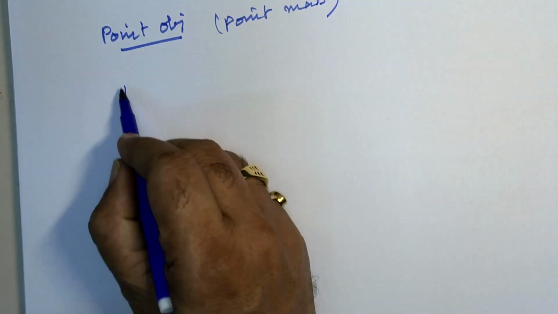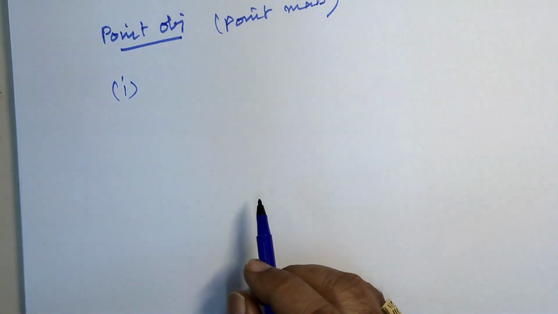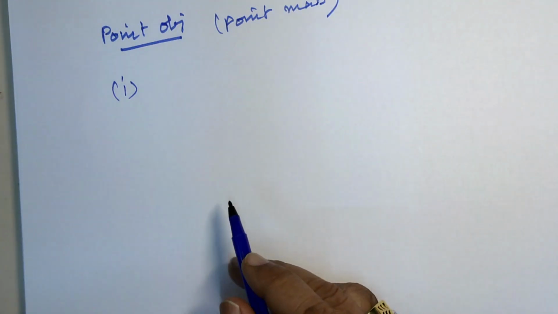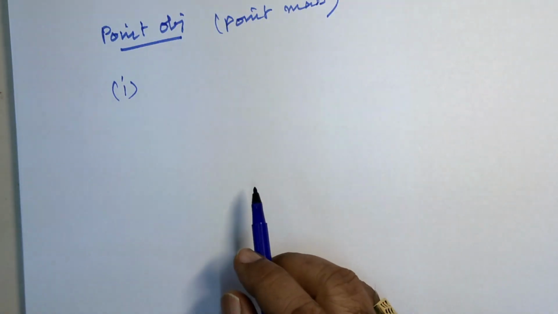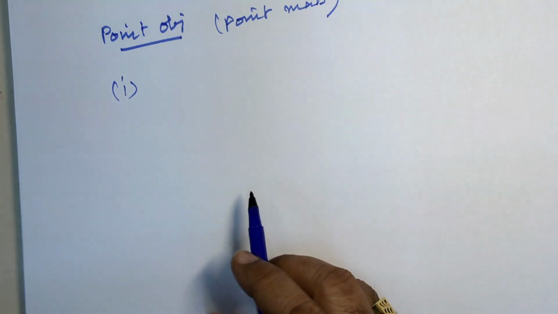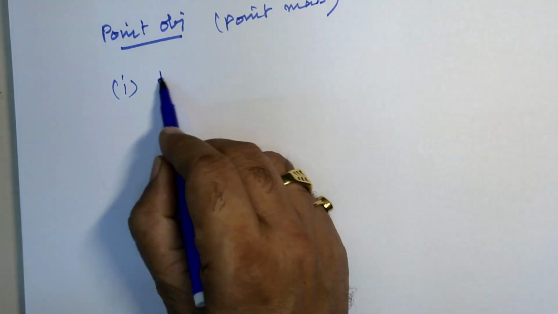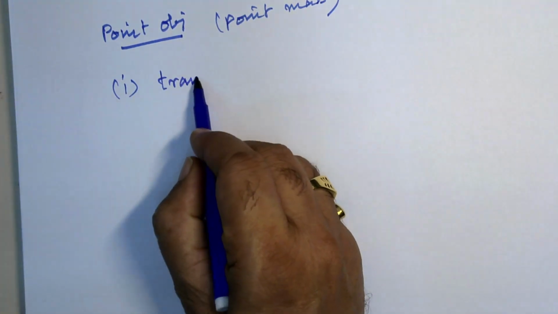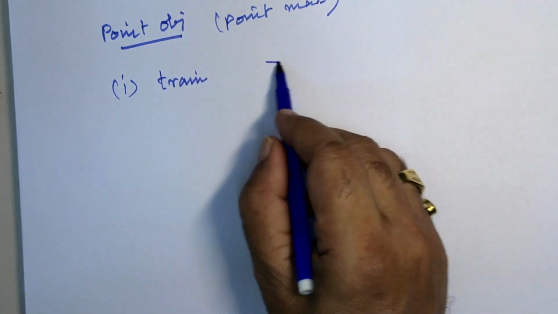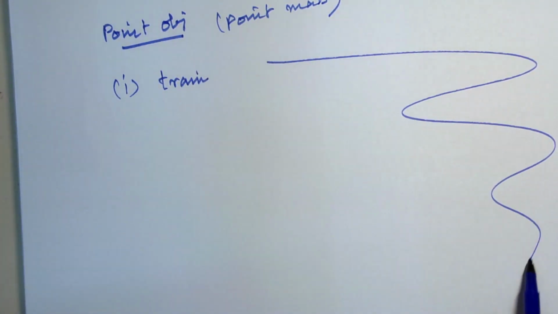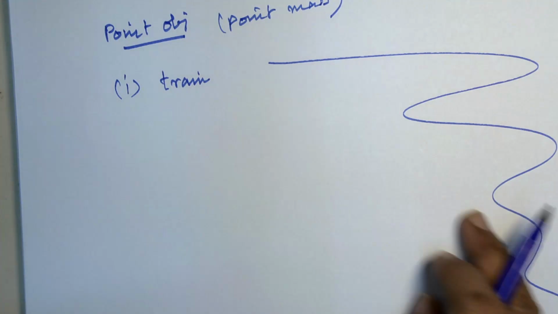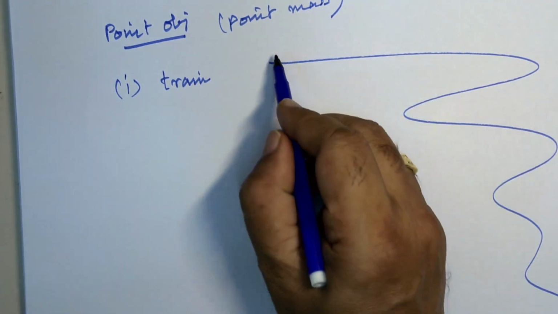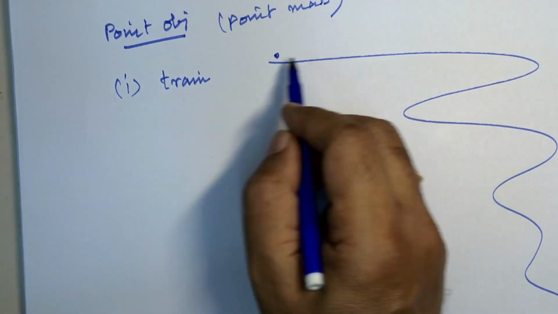For example, a train on a journey of several hundred kilometers can be regarded as a point object. Let us not worry about the length of the train, but it is traveling like this. When you compare these distances, the train is almost considered a point mass.